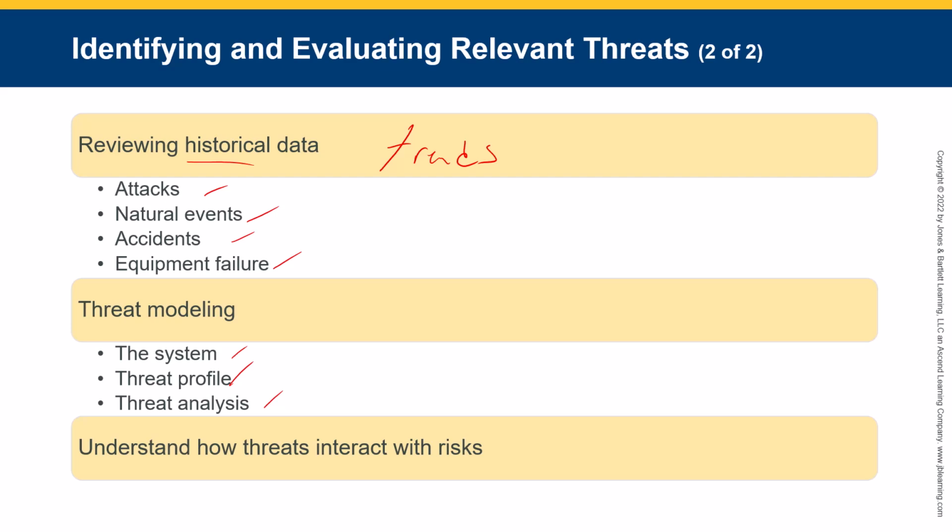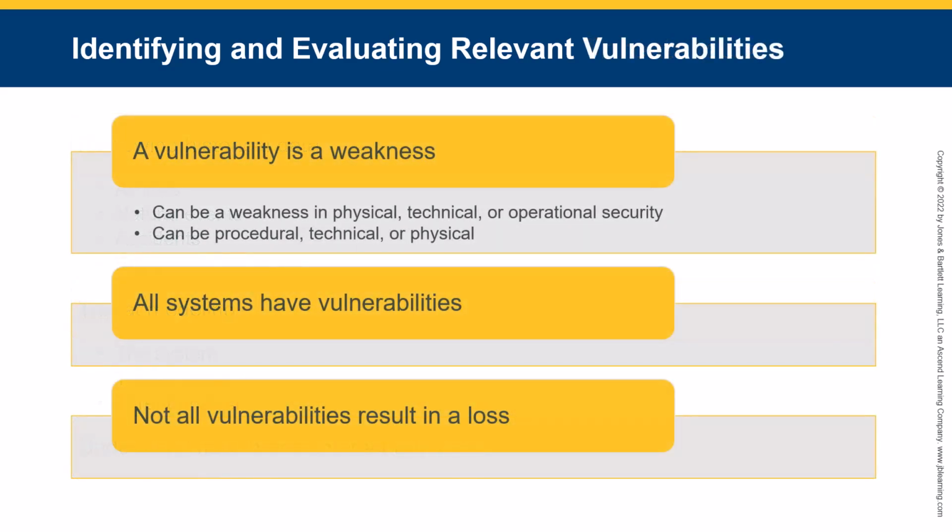So you have to understand that a vulnerability is a weakness, and an exploit will exploit or realize that weakness. And the weakness could be physical, technical, operational, managerial, administrative. It could be many types of weaknesses that are realized. Everything has vulnerabilities.